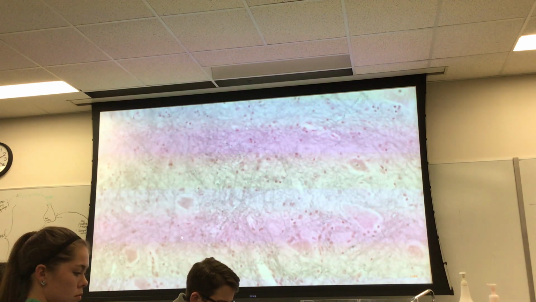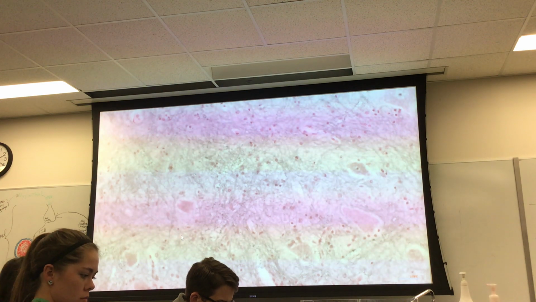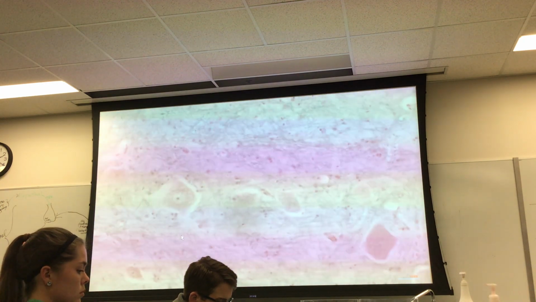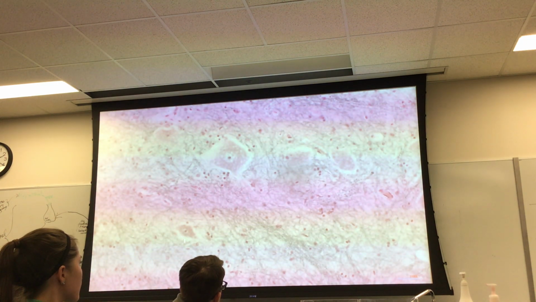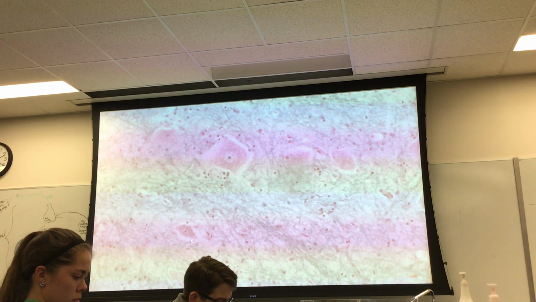This particular preparation doesn't really stain prominently, so we'd have to go just basically on size. And so the smaller guys, maybe something like that, that's a gamma motor neuron. So again, the distinguishing features are alphas have coarser Nissl, larger cell, gammas are smaller, but they do have discernible cytoplasm.